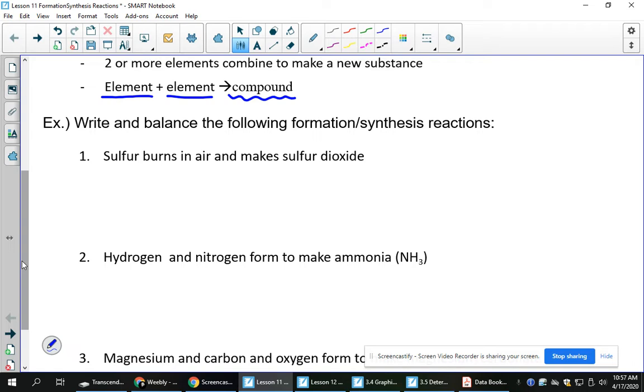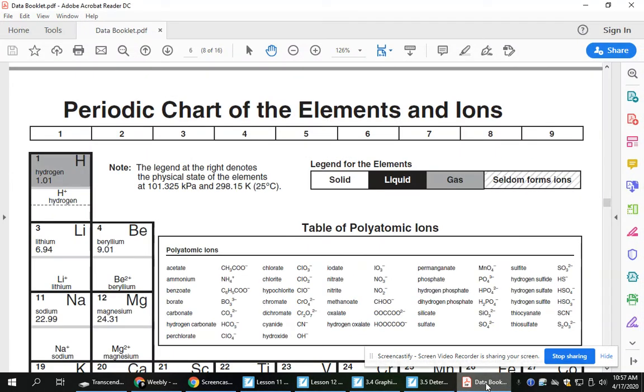So the first thing we need to know is sulfur and air, or by that they mean oxygen, are elements off the periodic table. You just write the element's formula from the periodic table unless you see it in that little box of polyatomic elements.